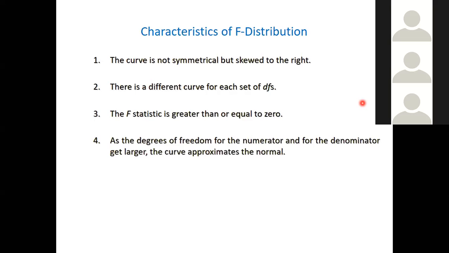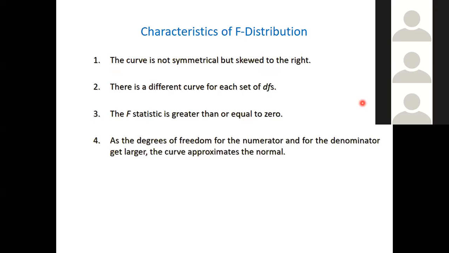But for F and chi-square, chi-square actually originated from the normal distribution, because you square the normal distribution. When you square it, some values that are negative all turn to positive. So the value of chi-square ranges from 0 to infinity. It's the same thing with the F distribution.